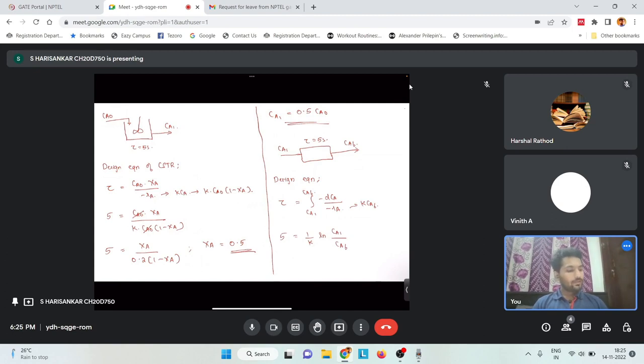Now K is given as 0.2. So if we substitute for K and rearrange it, we'll get 1 is equal to ln Ca1 by Caf. Now we'll take exponential on both sides.